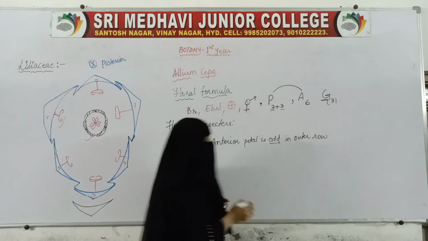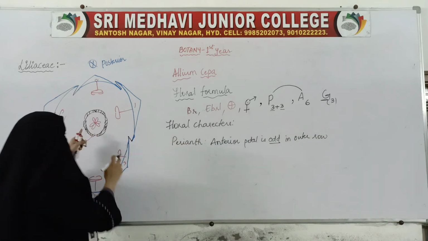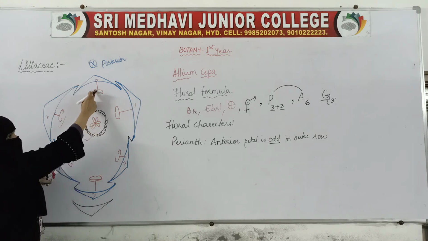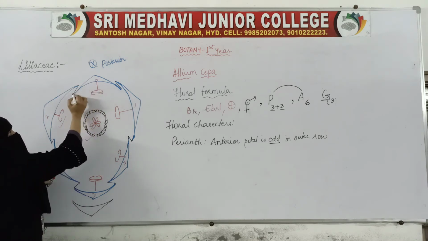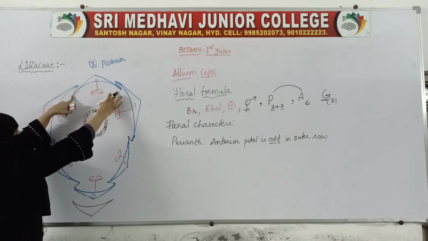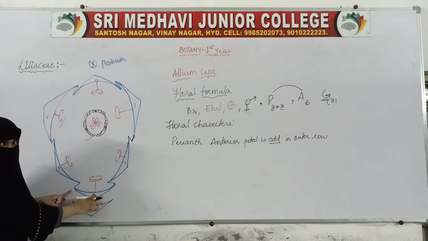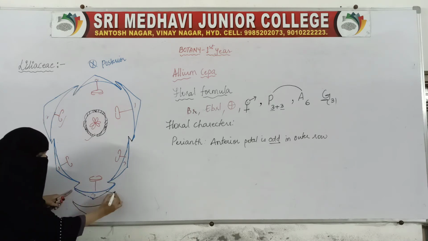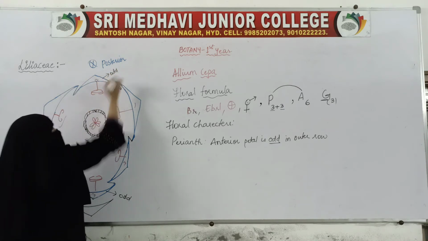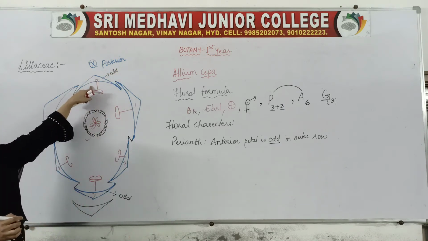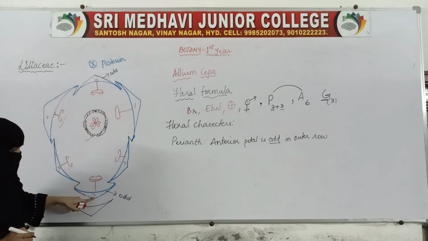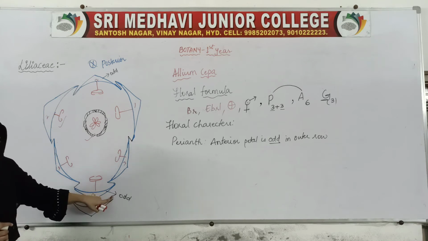In the inner row, this one, 1, 2 and 3. In this inner row, this is odd. It is covered. This is overlapped by these two. This is totally in. This is totally out. This is totally out. Now this is the odd one. This is totally in. This is the odd one. In the inner row, the odd one is at the posterior side, and in the outer row, the odd one is at the anterior side.